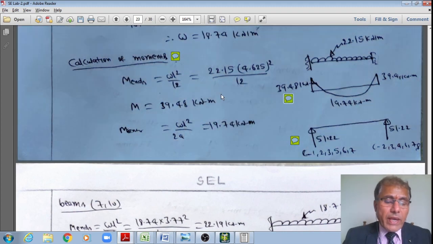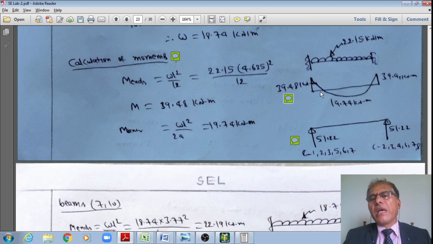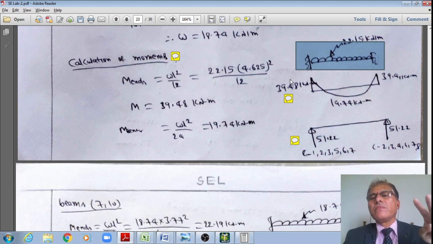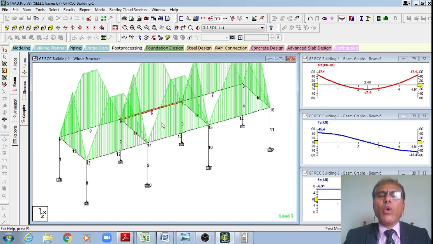Now you may wonder why we are having 16% and 8% error. Because I have considered only one span, and even there, what I have done in STAAD is a 3D analysis. Totally it is a 3D analysis, whereas in the manual calculation I have taken just this beam only, assuming both ends to be fixed.